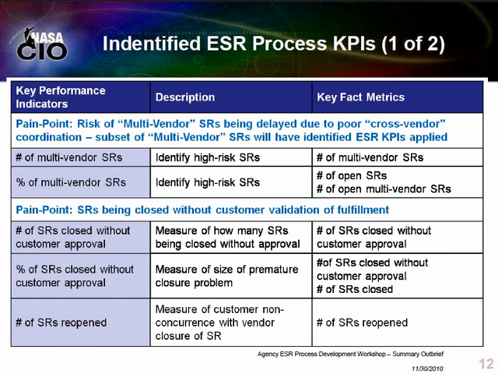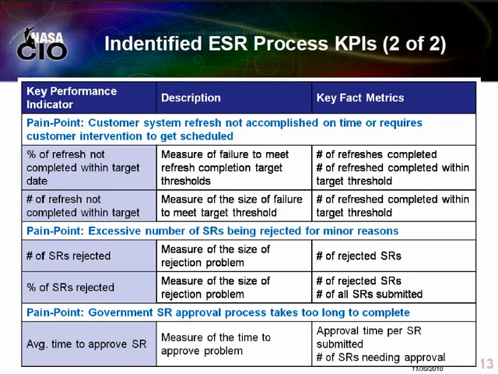Some of the ones we looked at was number of service requests closed without customer approval, some number of service requests that were reopened for whatever reason. A lot of these are based on a certain maturity level within the implementation of this process, but you do need a baseline to start with, and we thought these were some of the key service request KPIs that we needed. Another one that's important, too, is the number of service requests that were rejected.